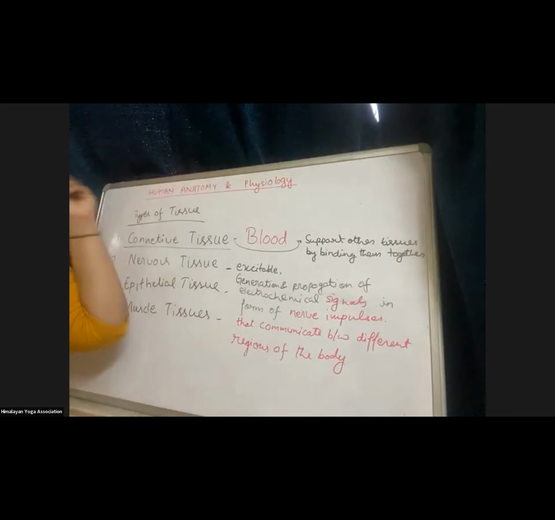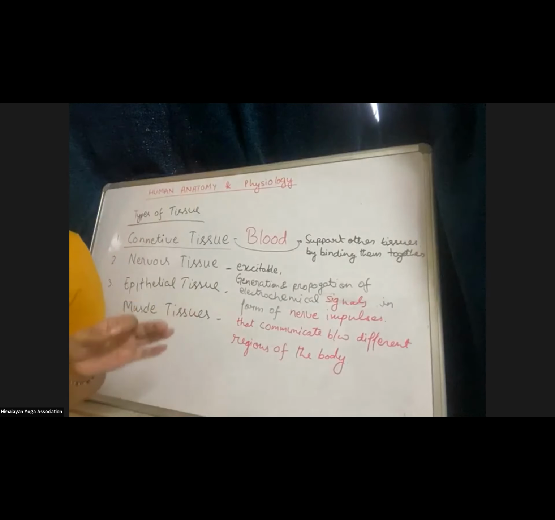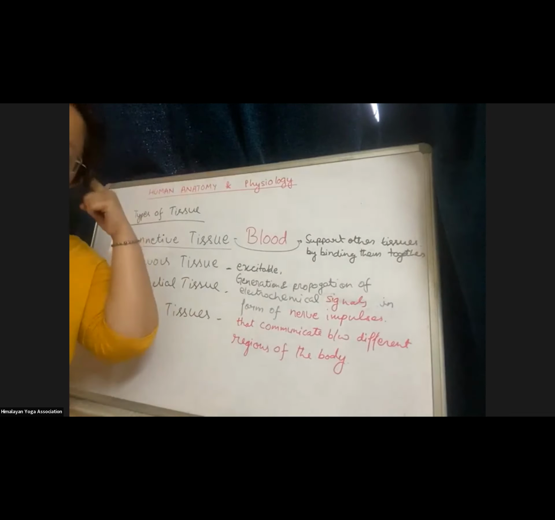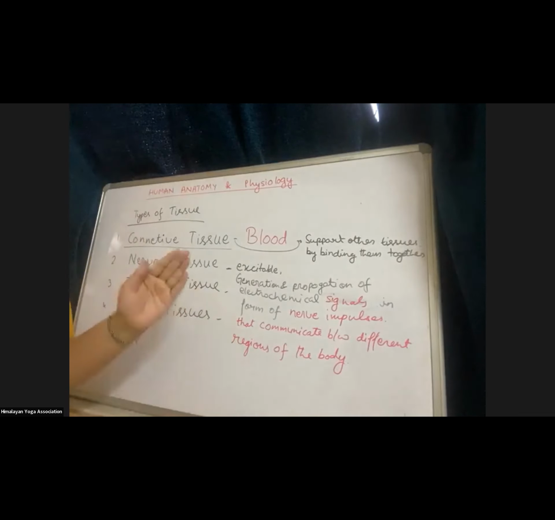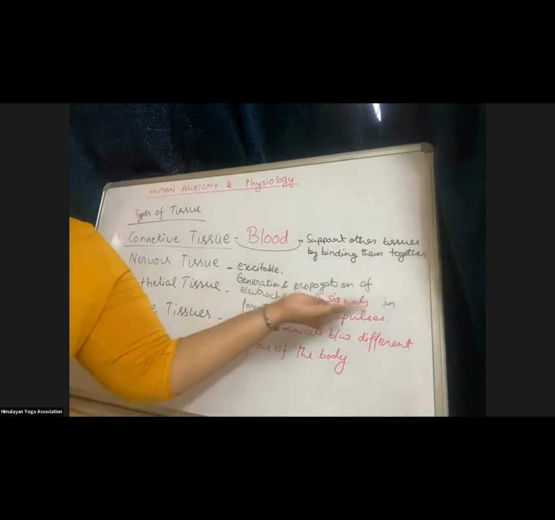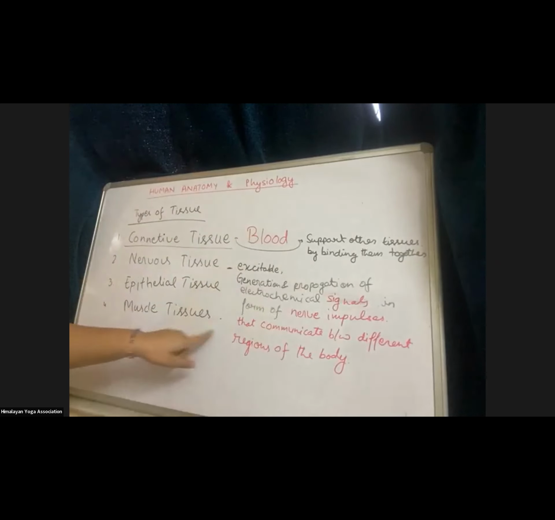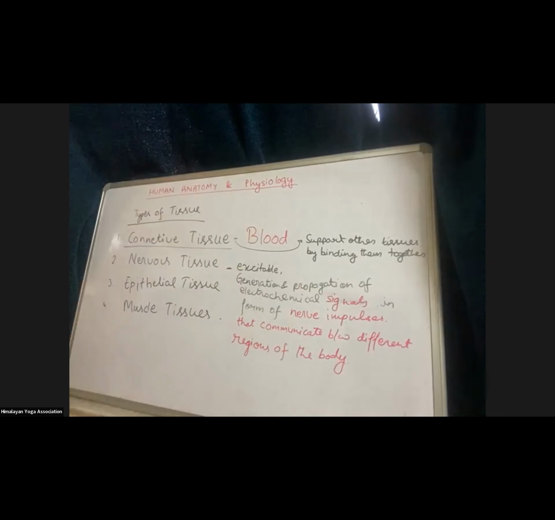The information that passes from the finger or from any region of the body to the brain, or from the brain to any region of the body, is transferred by electrochemical signals. And for this, the nervous tissues are responsible. You can take a screenshot.